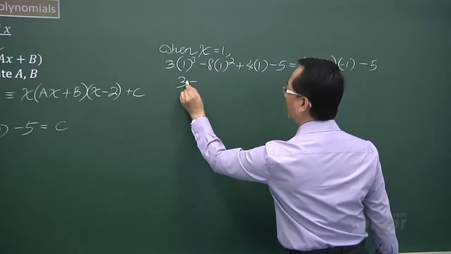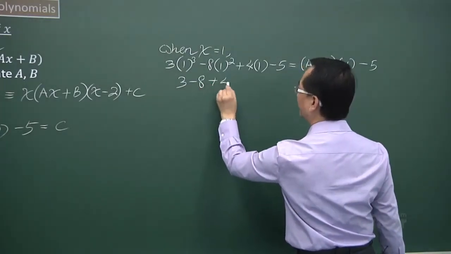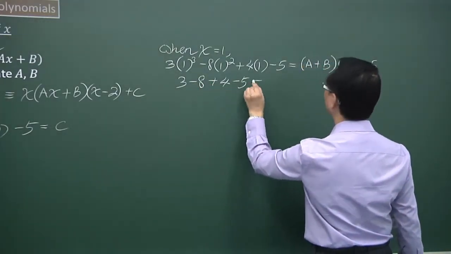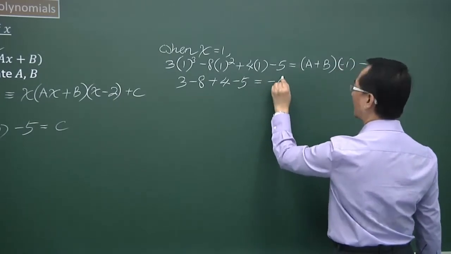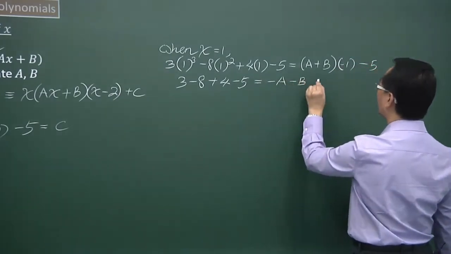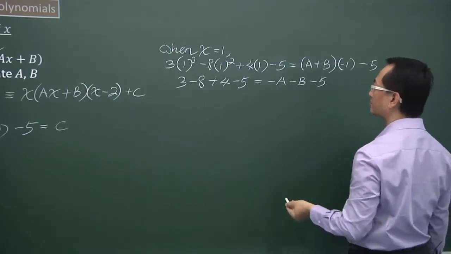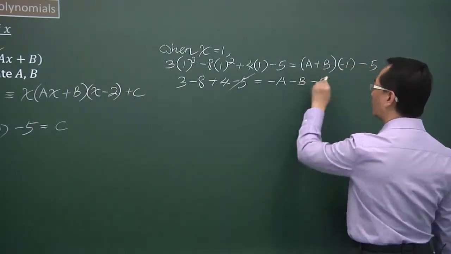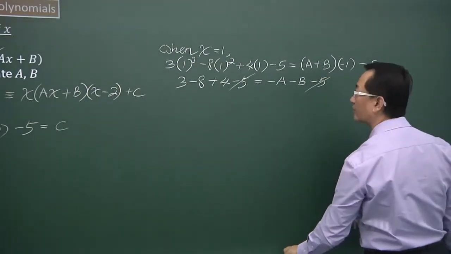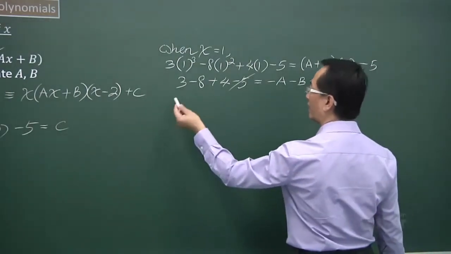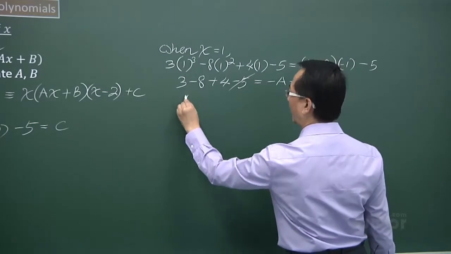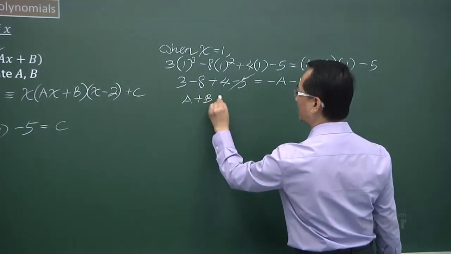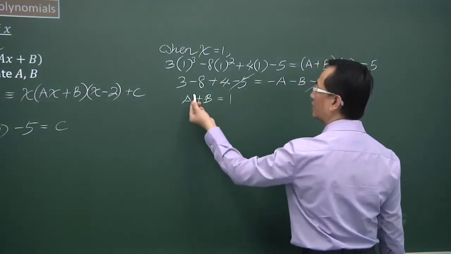So 3 minus 8 plus 4 minus 5 equals negative a minus b minus 5. That will all cancel off. So I have a plus b equals to 1.